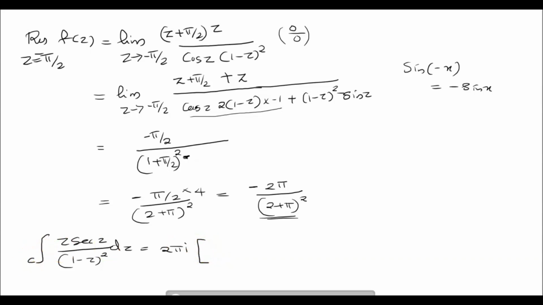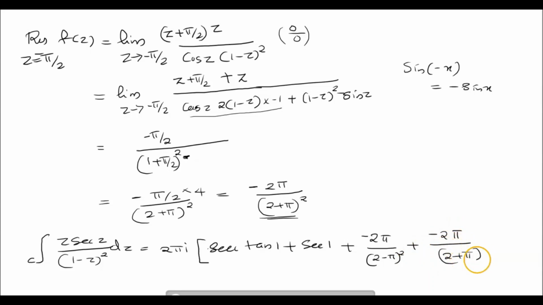First we get the residue at z equal to 1, which is sec 1 tan 1 plus sec 1. At z equal to pi by 2 it is minus 2 pi divided by (2 minus pi) all square, and at z equal to minus pi by 2 it is minus 2 pi divided by (2 plus pi) all square.